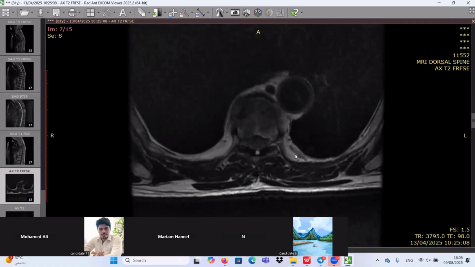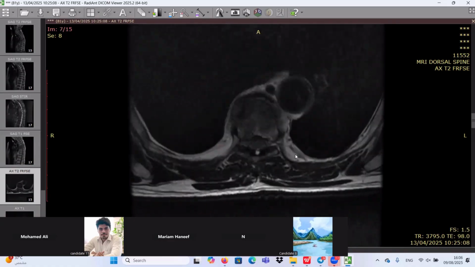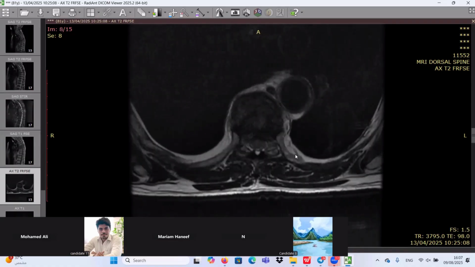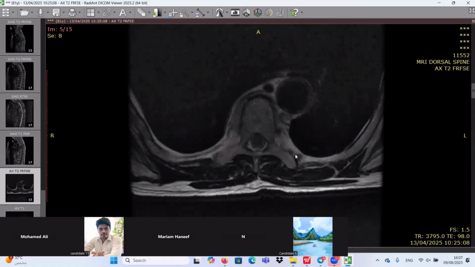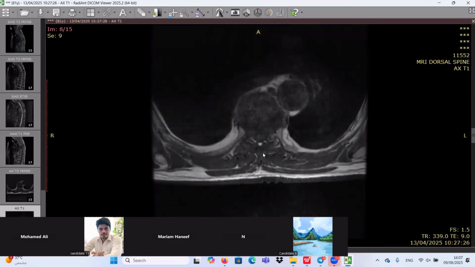Very nice, very nice, and it's a very important negative finding, yeah. There is bilateral mild pleural effusion noted. The paraspinal muscles are not affected. And I can't see any affection, intradural collection or vertebral.